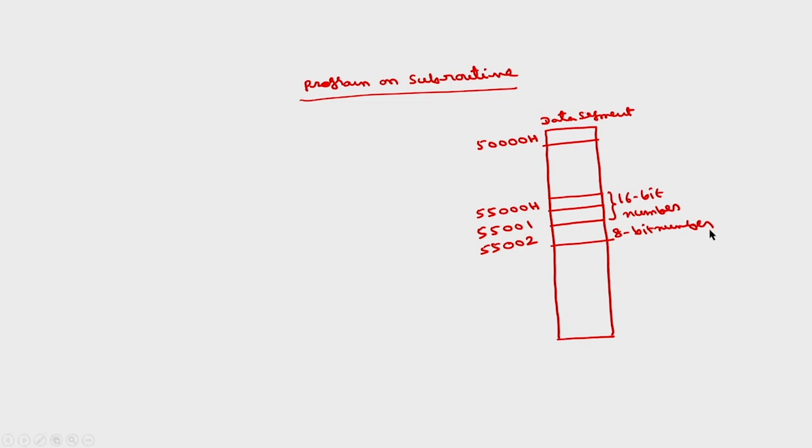You multiply these two and you store the result in some location, stored in 4 consecutive locations.